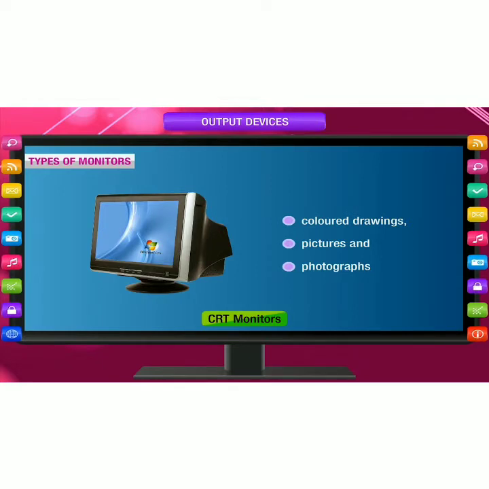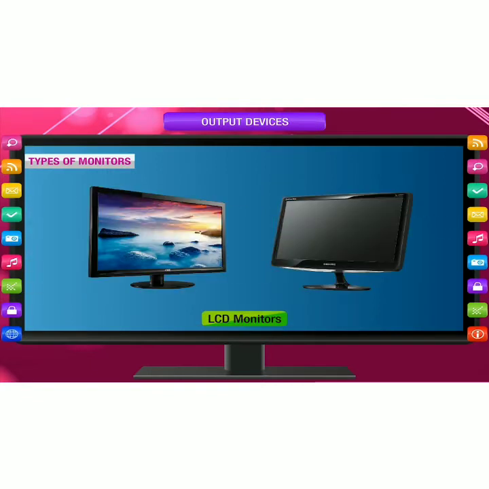LCD monitors are flat and thus take less space. Computer system cannot work without monitor. However, it can work without printer. We have already discussed monitor in detail, so it was a quick look.